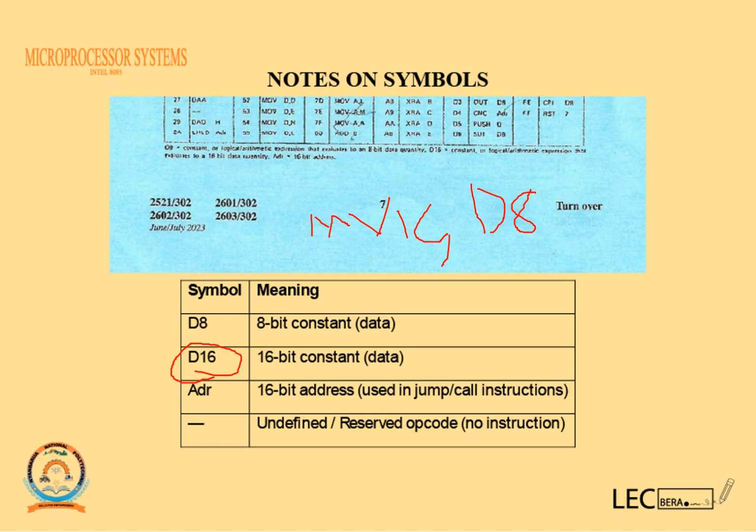We normally use this when we want to jump to a certain instruction, or we want to call an instruction from a certain address. And a dash, for example here, is undefined, and it means that opcode has been reserved. We don't have an instruction equivalent to that opcode.